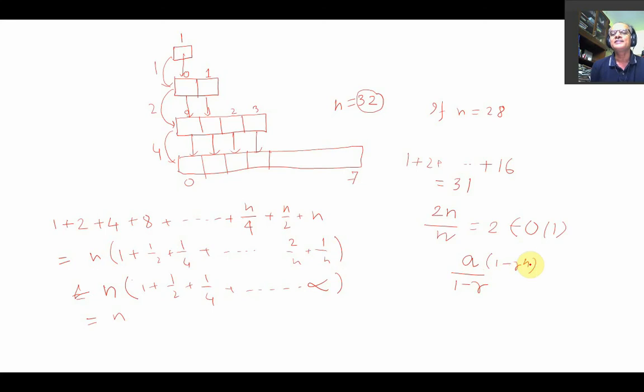If r is less than 1, r to the power n will tend to 0. So ultimately the formula will be a by 1 minus r. So here it is n into 1 by 1 minus half. What is this? This is basically twice n. Is it clear?